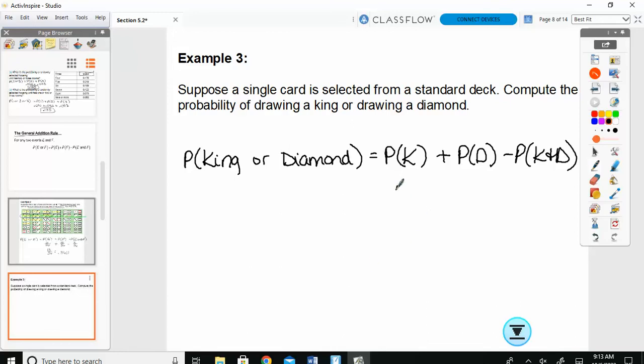Probability of being a king. How many kings are in the deck? 4 out of the 52 cards. Assuming no jokers here. How many diamonds? 13 out of the 52. How many of those cards are a king of diamonds? 1.